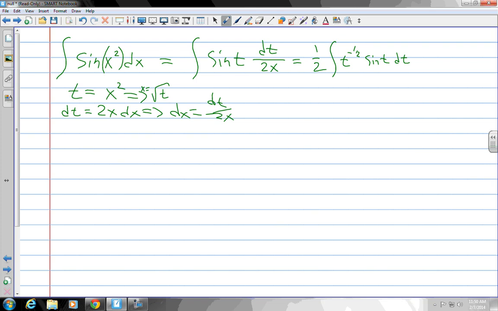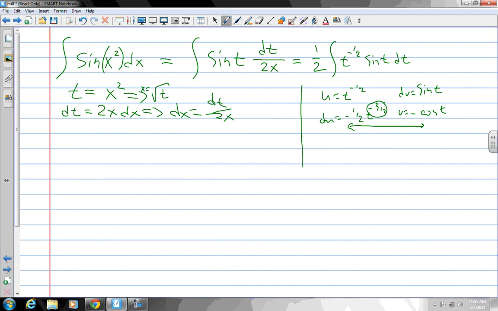So if we try to do the integration by parts now, I don't think it'll give us anything good. Even if we try this u, du is negative 1/2 t to the negative 3/2, and this is sine, so some version of cosine. So our new integral is messier, right?